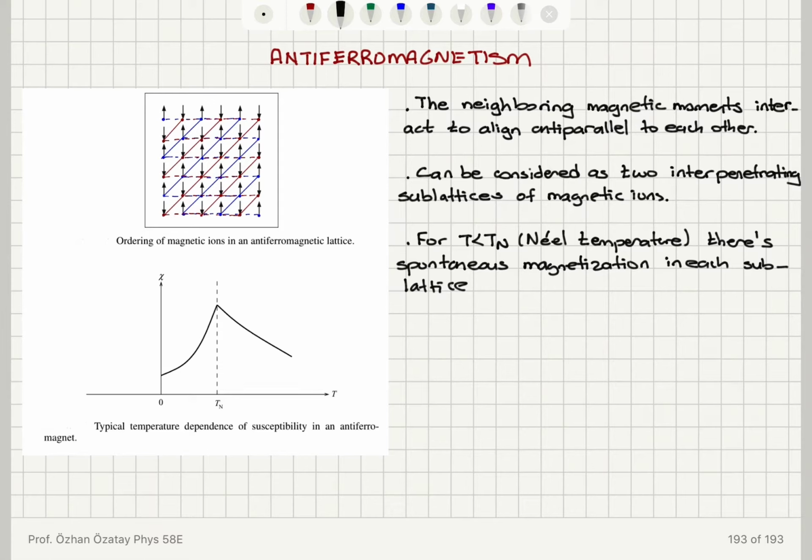However, the net magnetization is going to be 0, and for T greater than the Néel temperature it becomes a paramagnet.